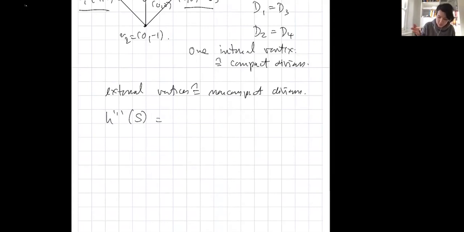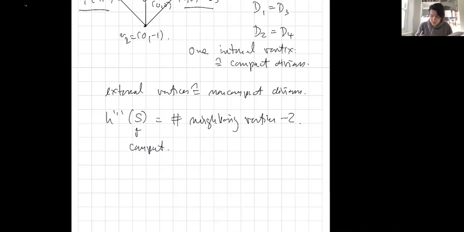We'd like to actually know what these surfaces are, which is the number of the neighboring vertices minus 2, right? So here, this is an internal vertex, so these are compact, minus 2. And one other thing we'd like to know is what is S cubed? And S cubed is just 10 minus H11 of S.